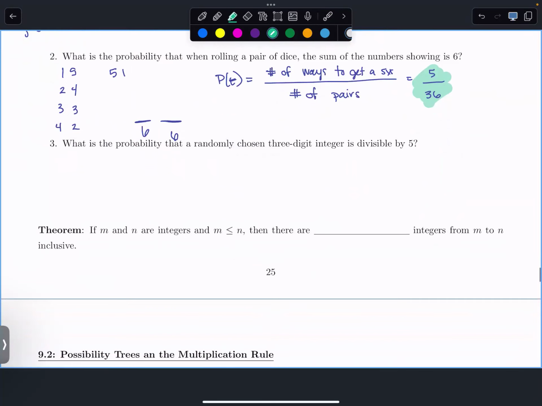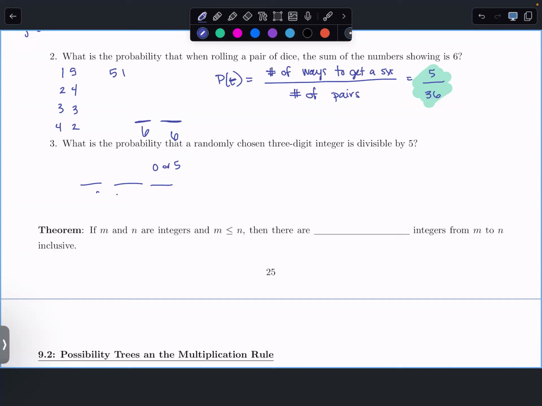Okay. What's the probability that a randomly chosen 3-digit integer is divisible by 5? Okay, so it's a 3-digit integer, yes? I don't care what's in either of these two spots. Because what makes the thing divisible by 5? This being a 0 or a 5, right?